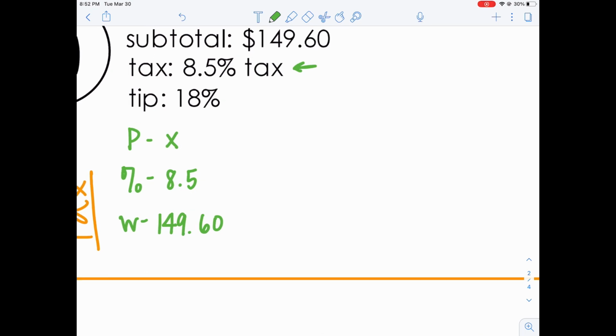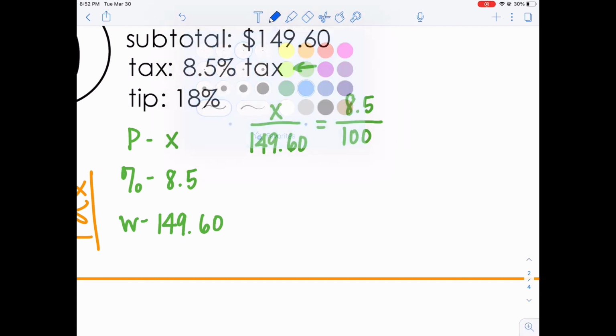Setting up my percent proportion, I'm going to do X over $149.60 equals 8.5 over 100. Okay, now cross multiplying to solve.